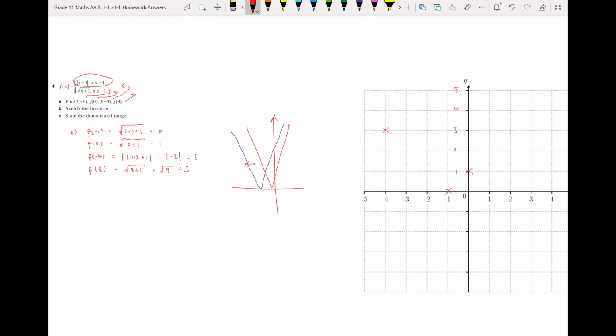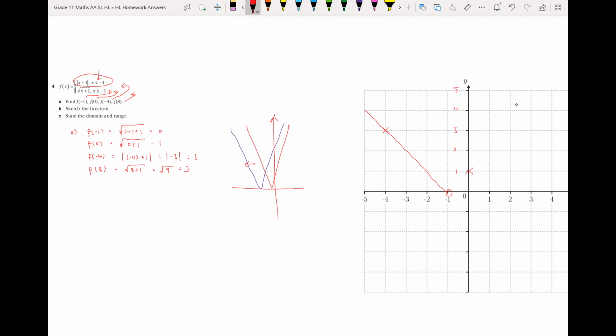So basically it's going to be this V shape here, and it's going to stop there. The other piece is actually there, but because the domain says only less than negative 1, it stops at this point. And also, I need to erase that because I want to make this very obvious. Okay, there's a gap here, since this does not equal 0.